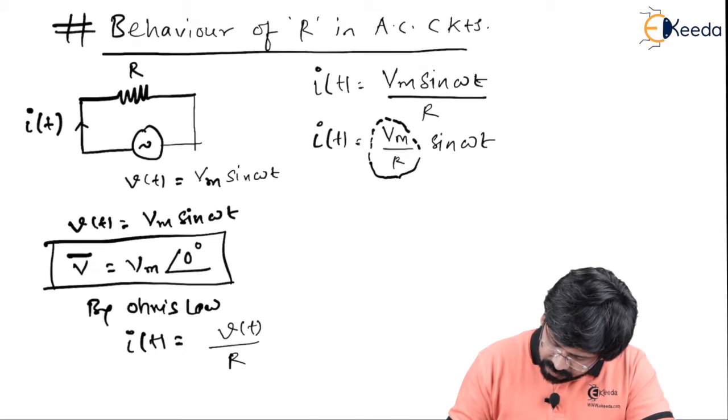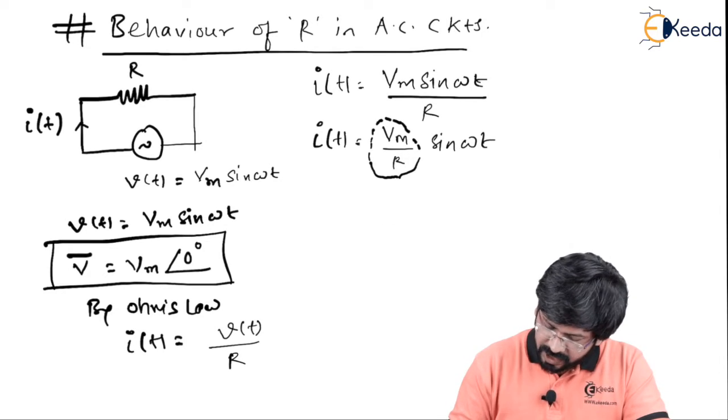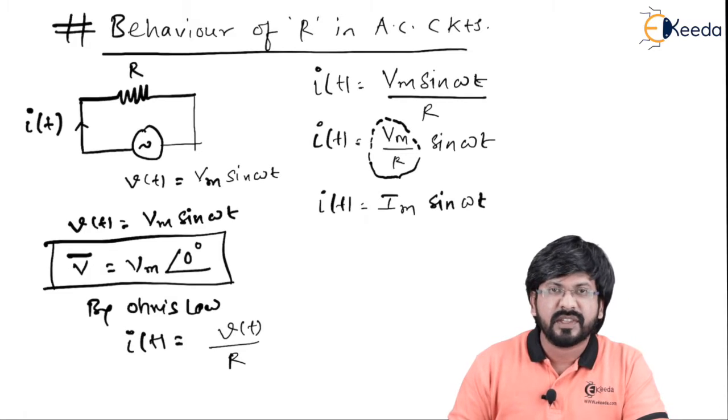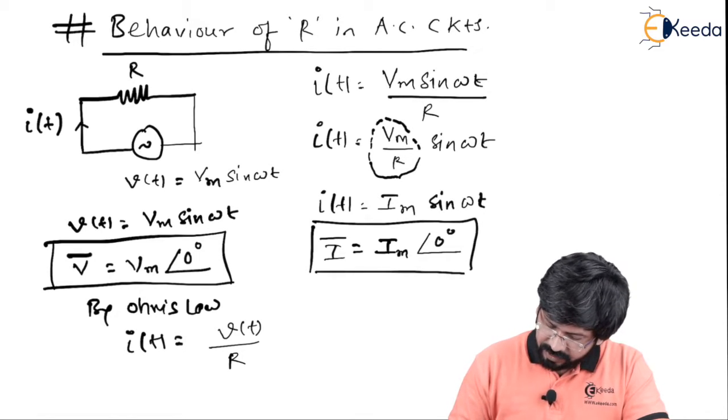I can replace Vm by R as Im. Therefore, I of t is Im sine of omega t. Now the I vector, I can write it as Im at an angle of 0 degree. So this is the value of the I vector.